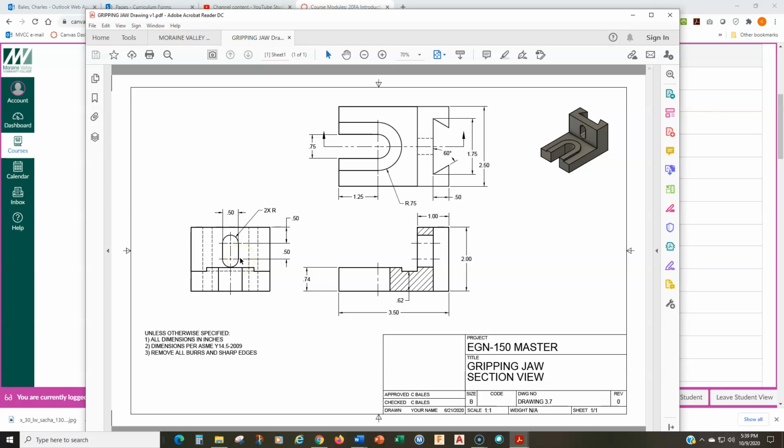Fusion does this for you, okay? You really don't have to work very hard creating these aligned orthographic views unless you're just using Fusion incorrectly. And really there's no excuse for that because I put the demonstration videos on Canvas that you can follow.